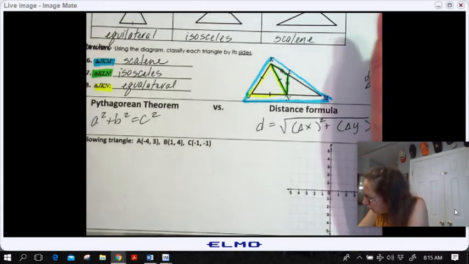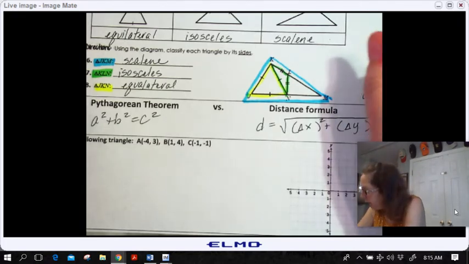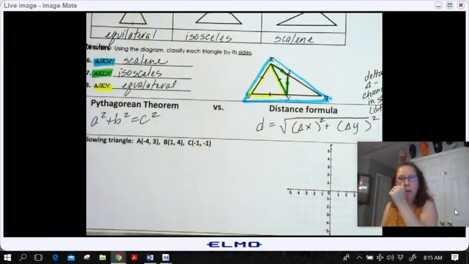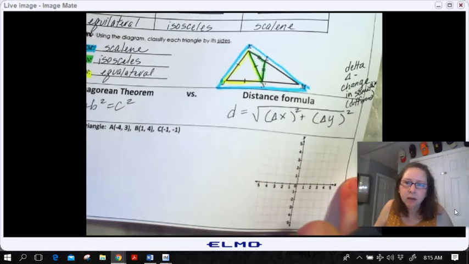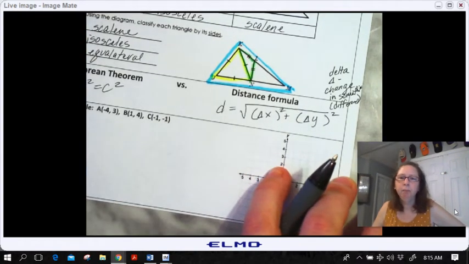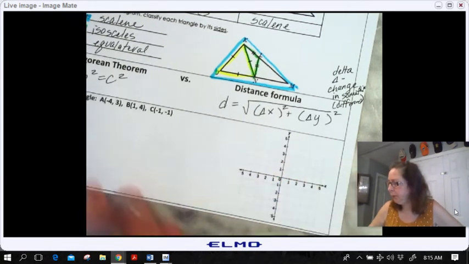Delta, change in something, or difference. I know that's kind of sloppy and squished in there, but delta is the change in something. So we find the change by taking the difference.